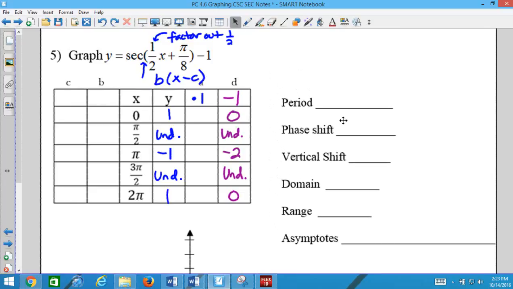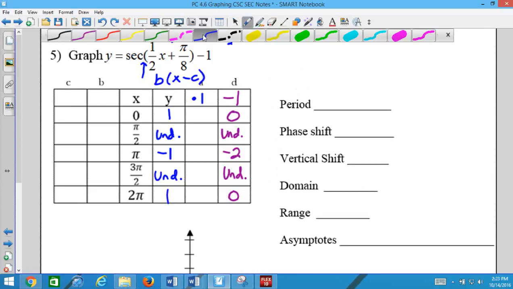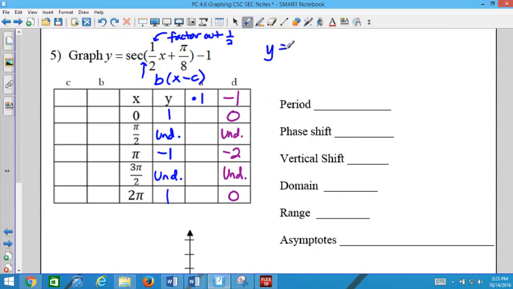When I factor out a half, we're using division. So when I factor out a half, I have to divide by a half. And dividing by a half is the same as multiplying by 2.